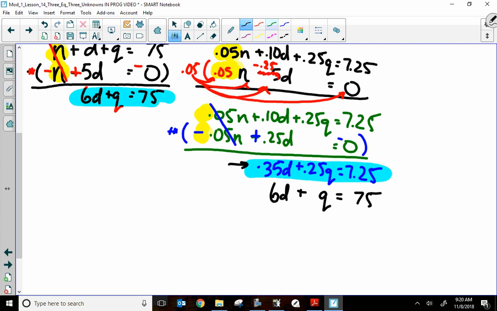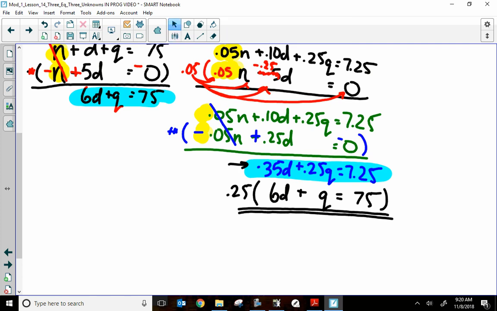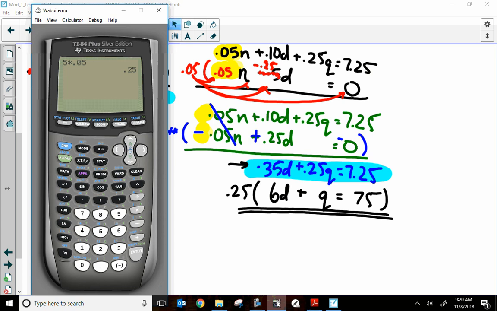I am going to get rid of my Q's because all I need to do to the bottom equation in order to make the coefficient the same is multiply everything by 0.25. Whew, there's a lot of multiplying. These decimals get crazy. 0.25 times 6 will be 1.5.